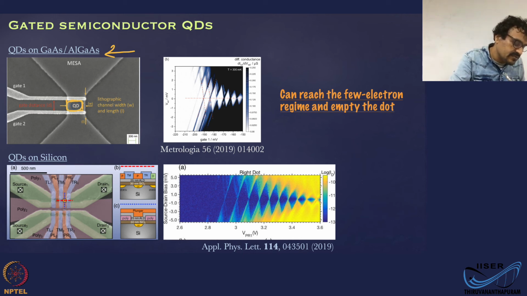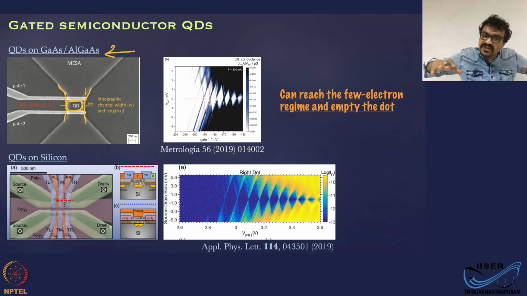Roughly it's going to be circular or elliptical. Though it looks squarish, the overall effect of the gate plus the etching, where you have defined the mesa here, is that the edges will be smoother and it's going to be almost circular or elliptical.